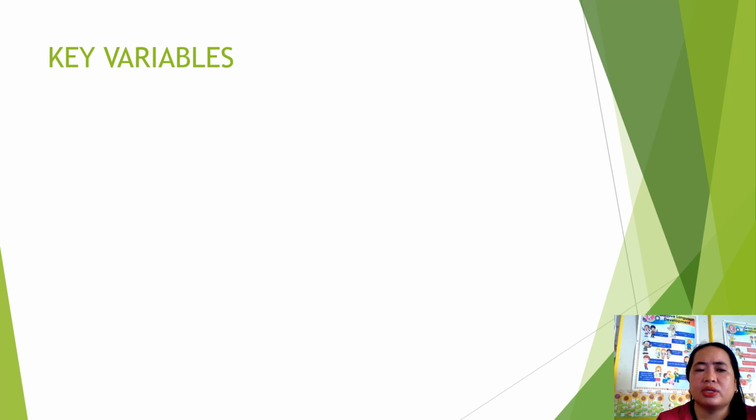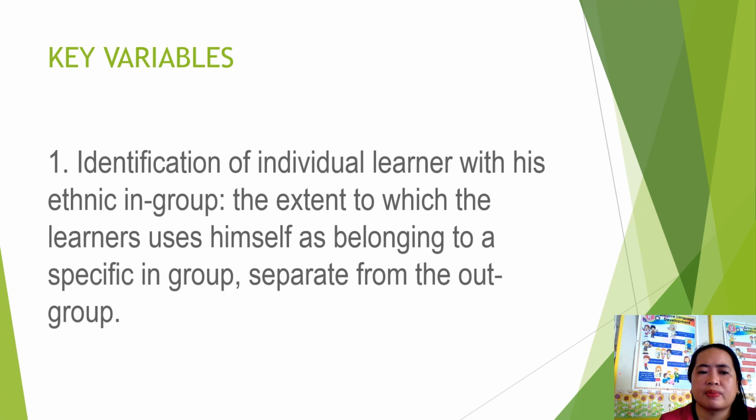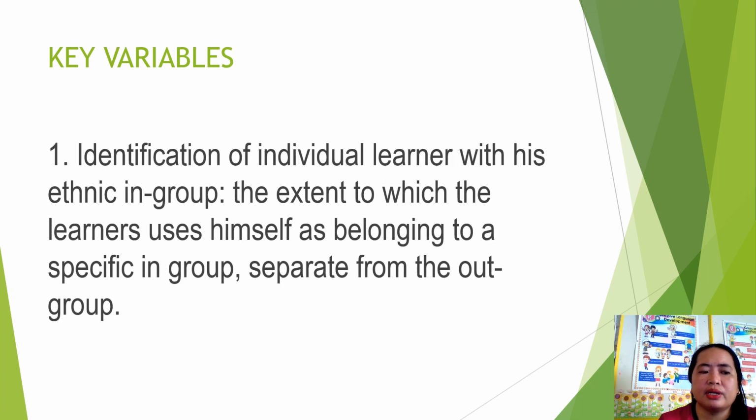Next, let's go to the key variables. Number one is identification of the individual learner with this ethnic group, the extent to which the learner sees himself as belonging to a specific in-group separate from the out-group. It refers to the extent to which the individual identifies with a specific social group, for example cultural, ethnic, or linguistic.